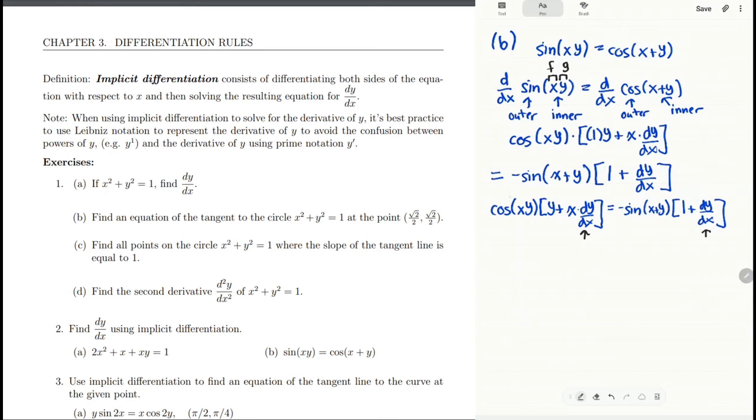Let's first distribute all the terms on both sides of the equation.